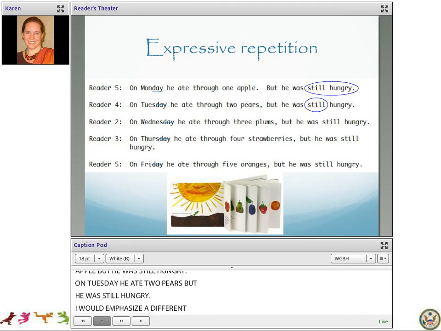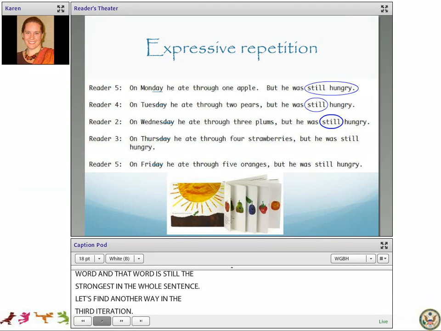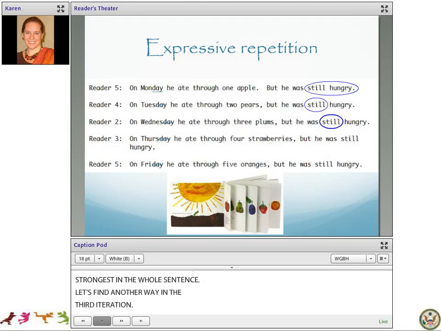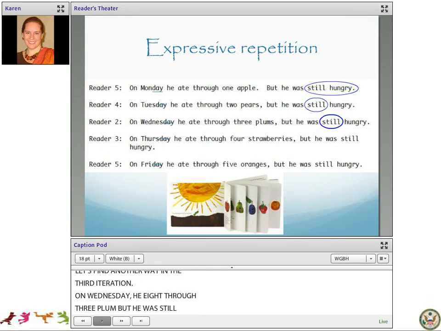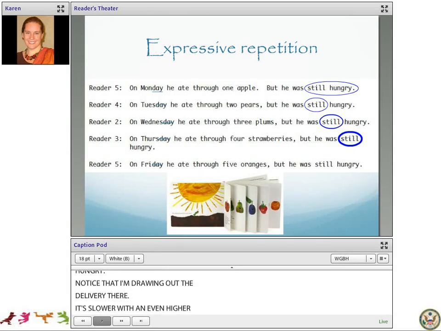Let's find another way in the third iteration. On Wednesday, he ate through 3 plums, but he was still hungry. Notice that I'm drawing out the delivery there. It's slower with an even higher note on the word still. Then the next time we read that, the next reader might even get more enthusiastic and exaggerated with the word still.